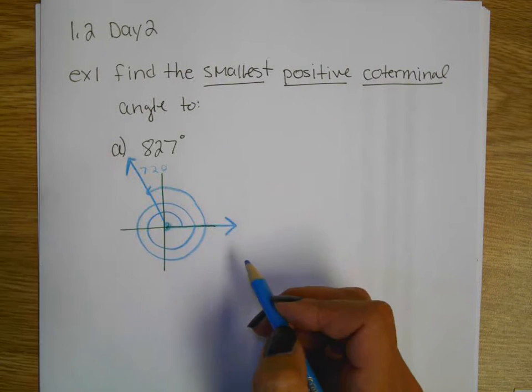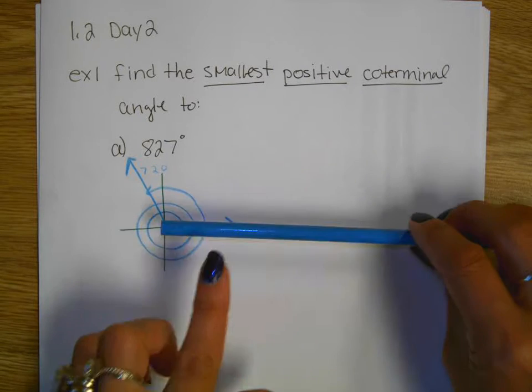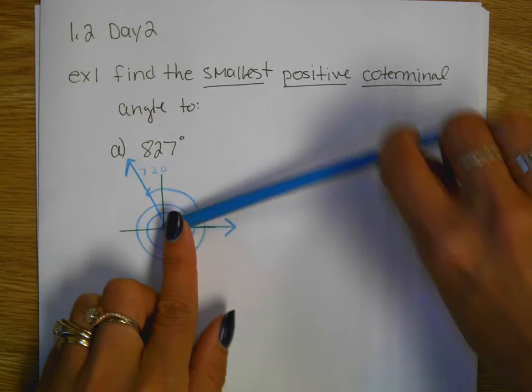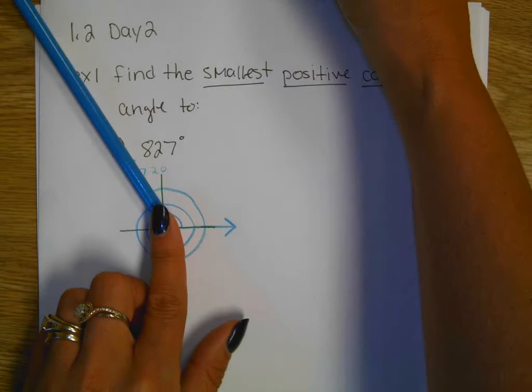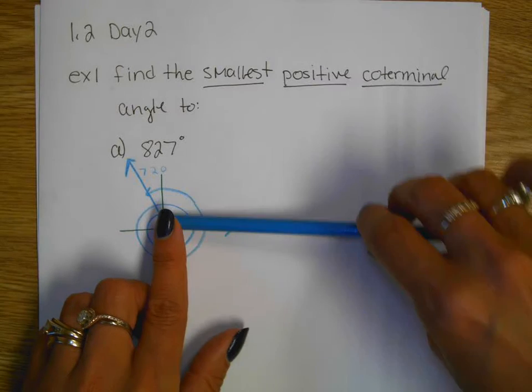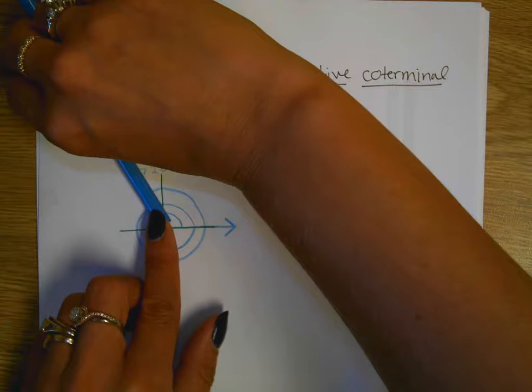there's 827 degrees. What we want is the smallest positive one. So the angle that starts here and stops there with the least amount of rotation. So how many degrees did we just figure out it was from here to here?